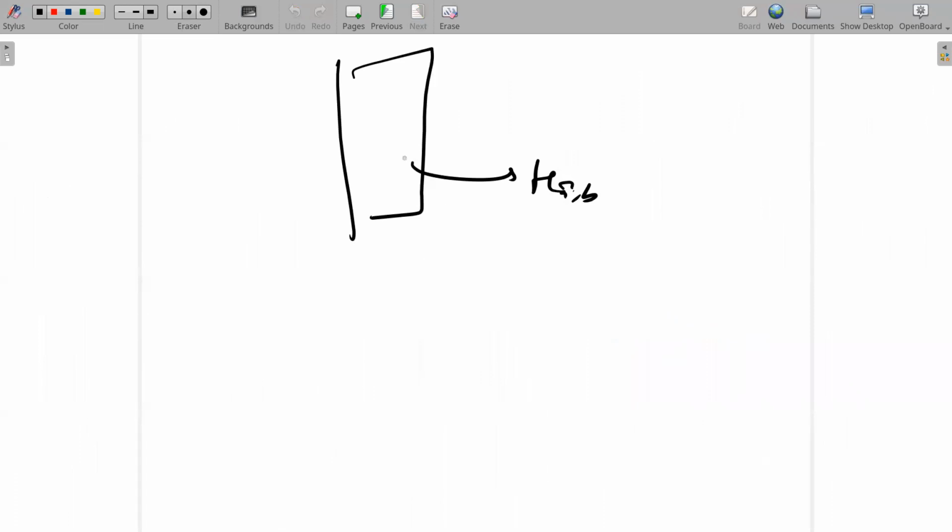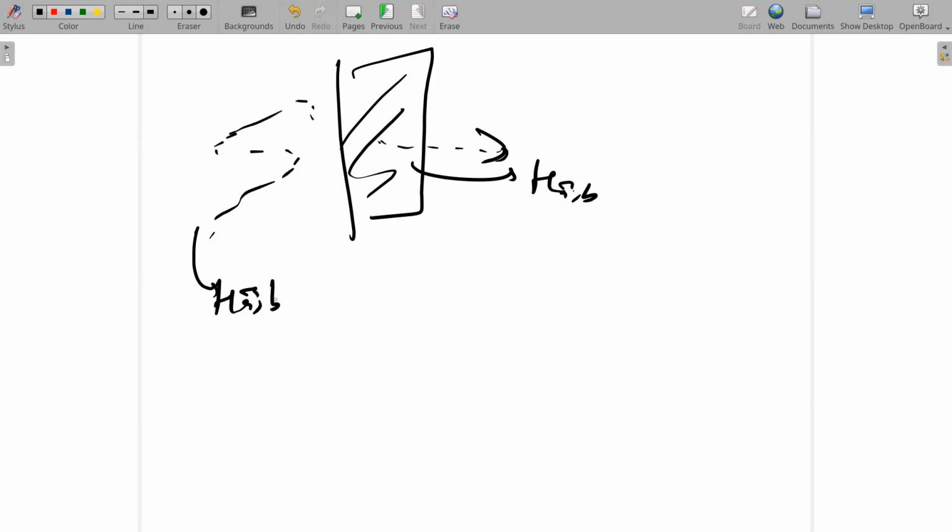Okay, so this is your hyperplane, and let's say this is your A. This side corresponds to HAB minus, and this side will correspond to HAB plus.